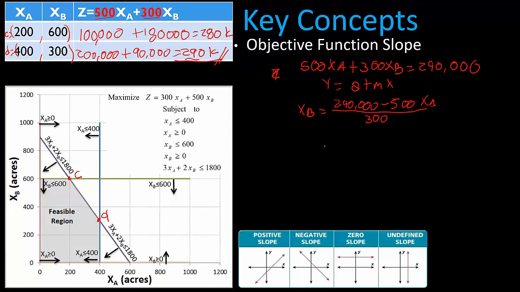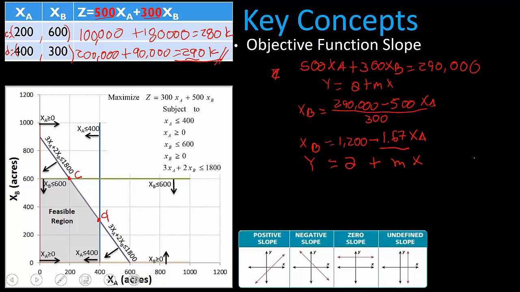So this xb will be equal to 1000 minus 1.67 xa. And remember, this will be a plus mx, this is y.